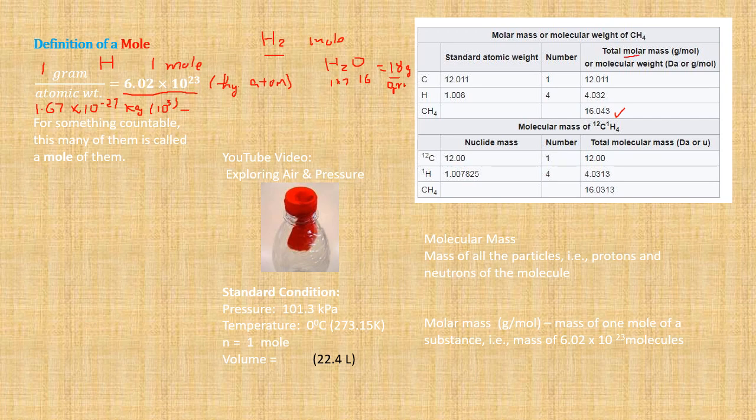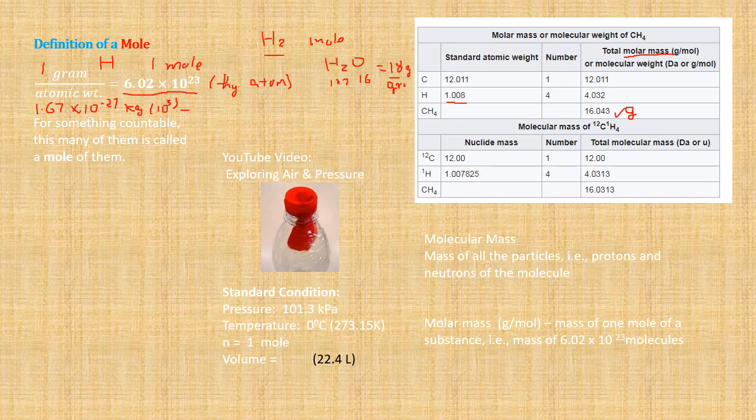So the molar mass of methane is 16.043 grams. A gram is not a sizable unit, but atomic units are very small. This one is measured in atomic units, so you simply convert this number to a mass number.